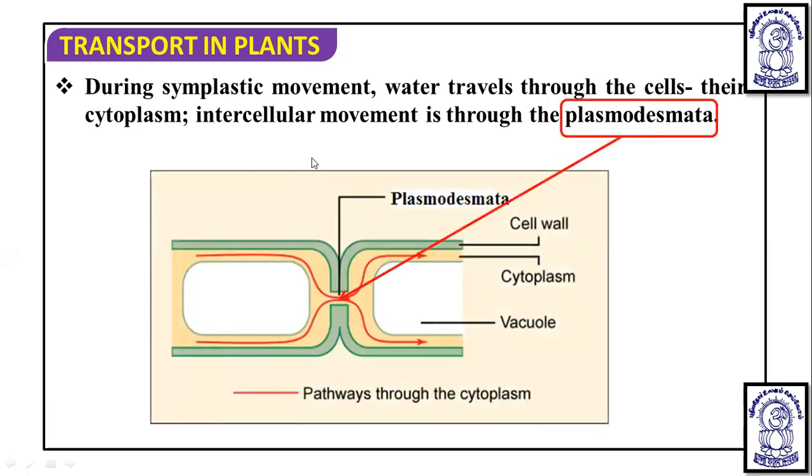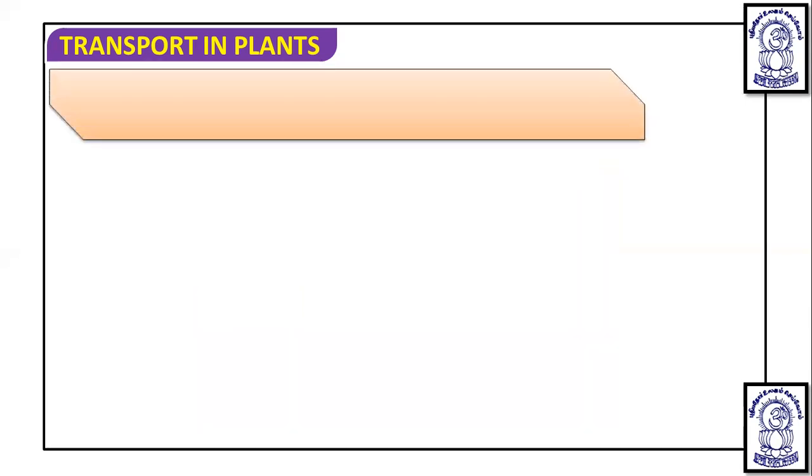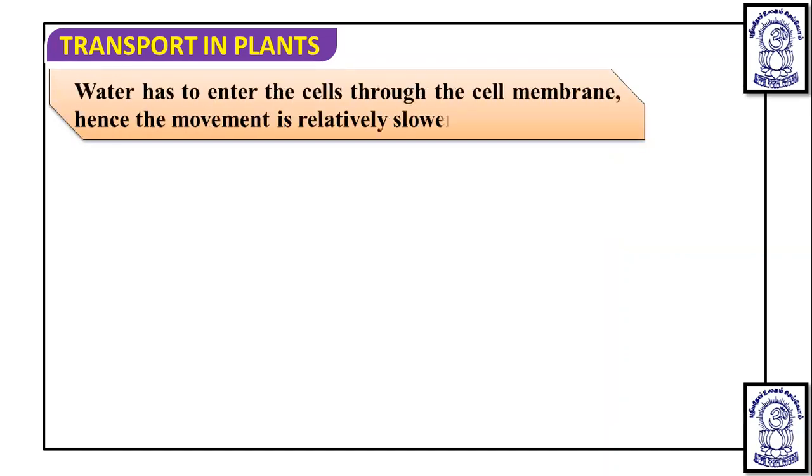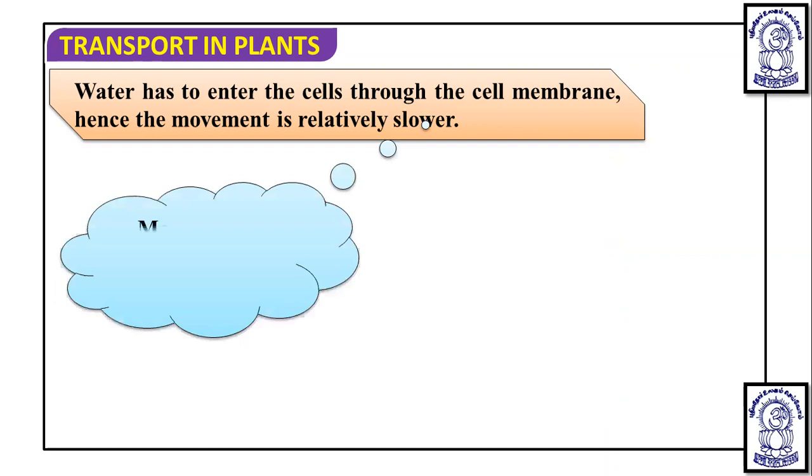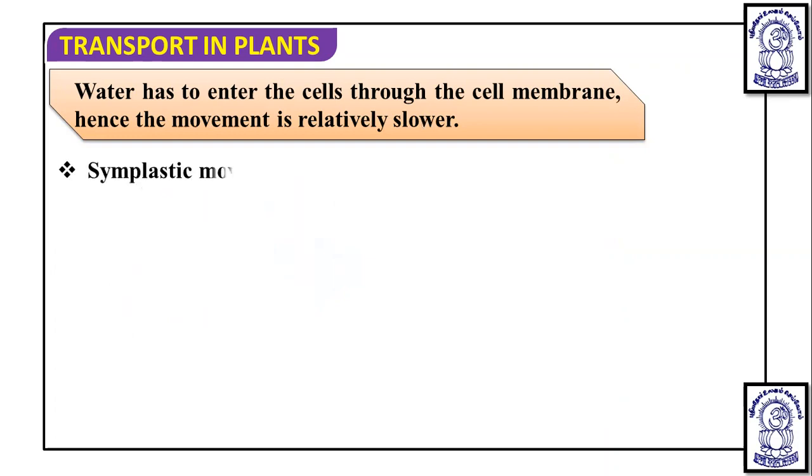So this is the plasmodesmata through which the water will move, and it will be through the protoplasm that it is a symplast. So water has to enter the cells through the cell membrane. Hence, the movement is relatively slower in symplastic movement because the membrane will act as a barrier. And movement is again down the pressure gradient or potential gradient, obviously.